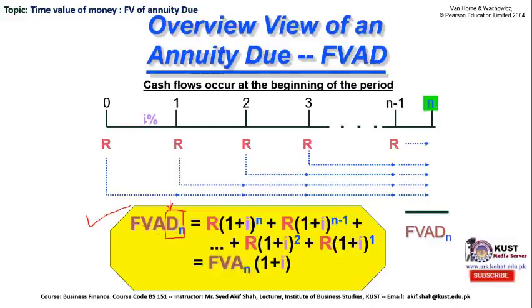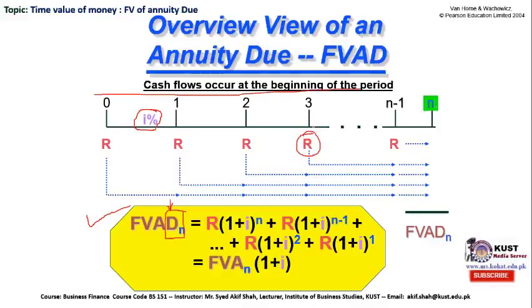Over the timeline, we can see that this investment opportunity is providing a certain percentage as compound interest, which the investor will earn over the number of years. In our case, actually the timeline comprises of only 3 years. So therefore, we will be calculating our future value of annuity due at the end of third year.